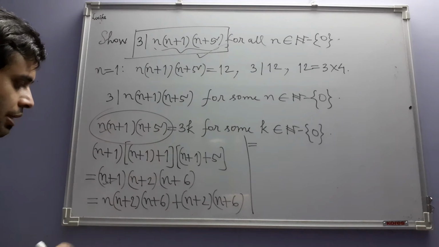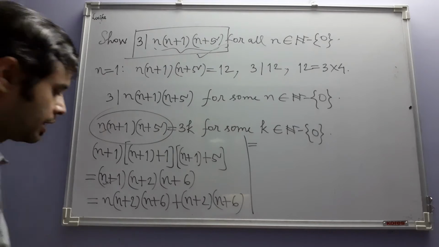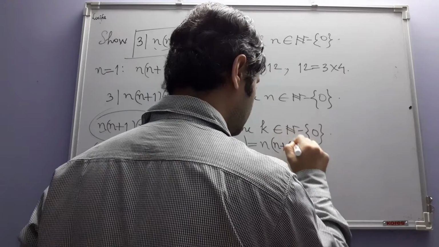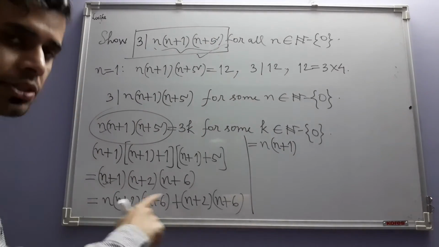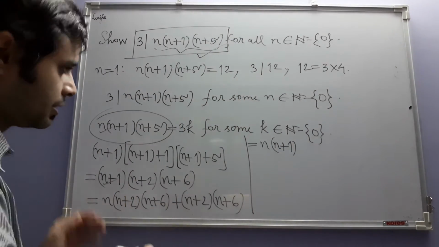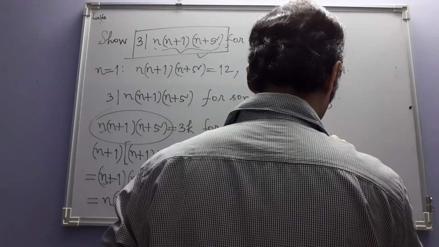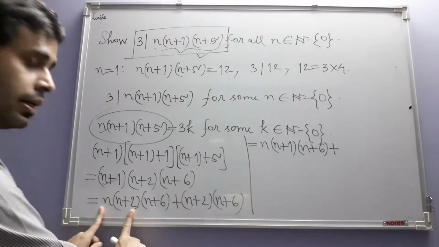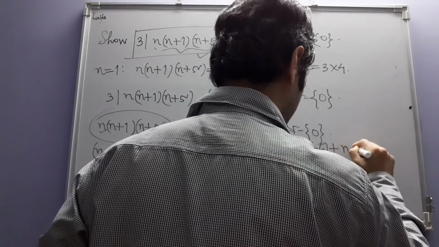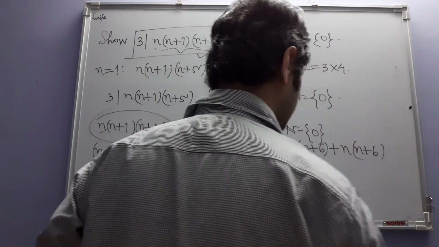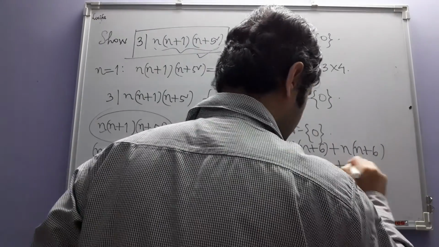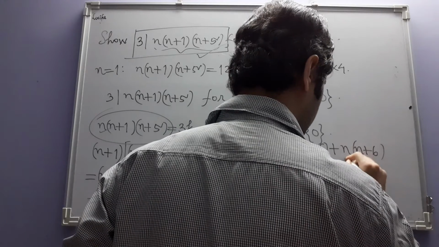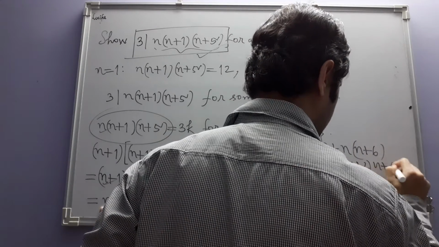We have n plus 1. So here also we have to segregate n into n plus 1. Actually n plus 1 plus 1, but after multiplying I have n times n plus 6, plus, remember this was already there, n plus 2 times n plus 6.